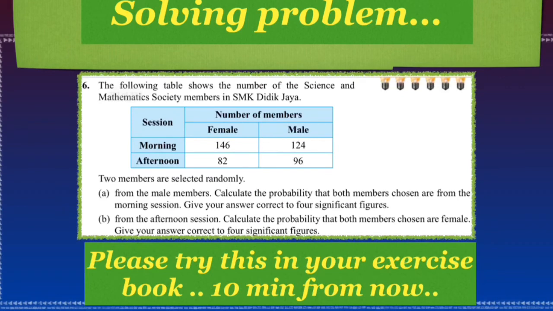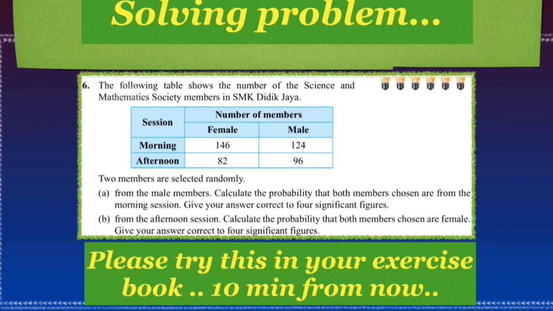Okay, let's discuss question number 6. The following table shows the number of the Science and Mathematics Society members in SMK Didik Jaya. So please study the table, numbers of members.